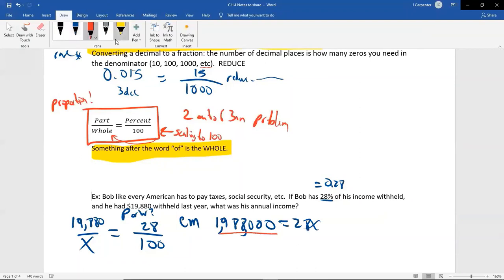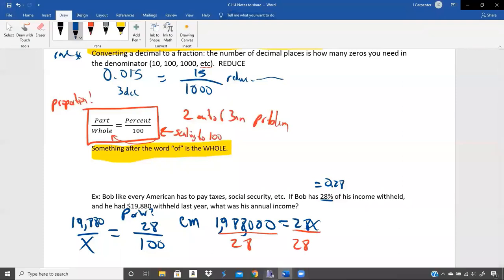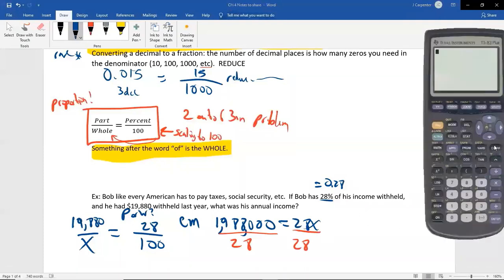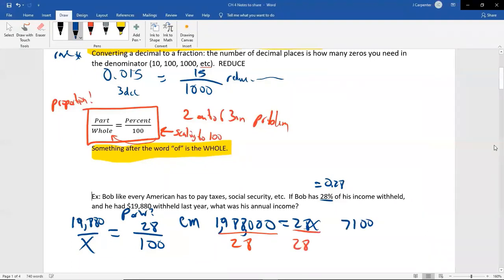To finish it, we divide both sides by 28, which will tell us that our answer is, drum roll, 1,988,000 divided by 28. And we get 71,000. So 71,000 is equal to our x.